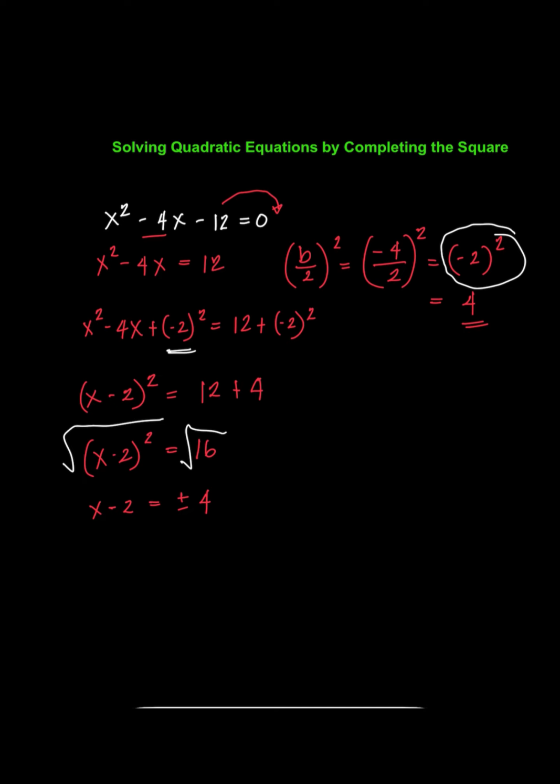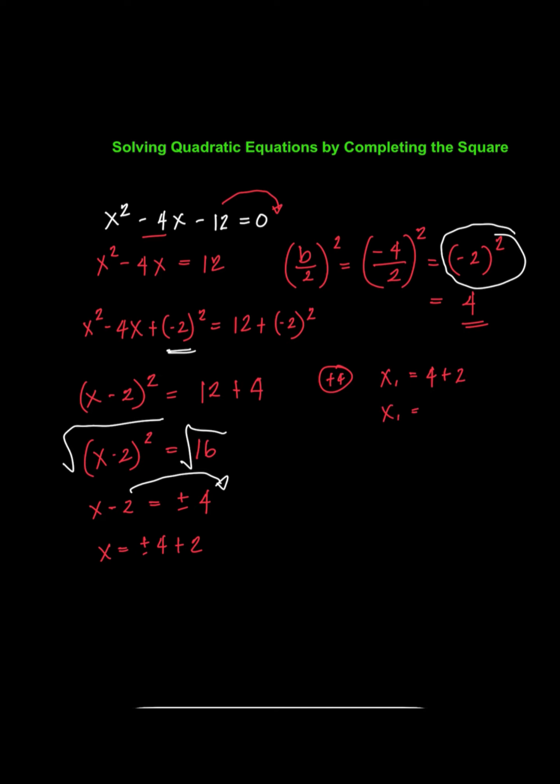Alright? And then next is ililipat natin to ulit sa right side. So that is equal to x equal to plus or minus 4 plus 2. And then makukuha ulit natin yung two values of x. So gamitin natin yung positive 4. That is x1 positive 4 plus 2.